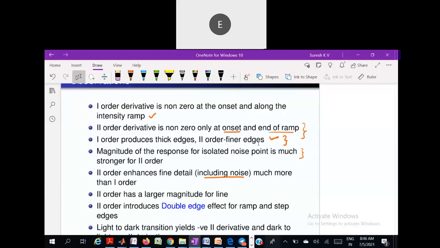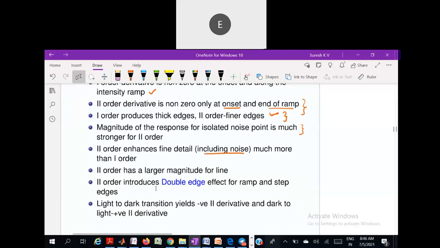You have to very clearly identify the border and make sure that the segmentation accuracy is good. So finer edges are expected there. Therefore, second order derivative is usually used as compared to first order derivative. With this, let us stop at this stage.